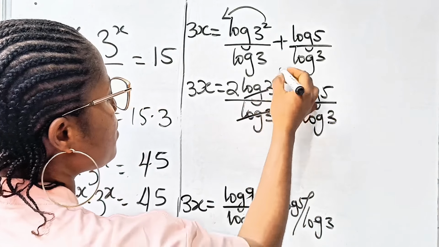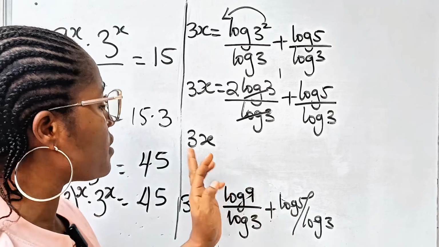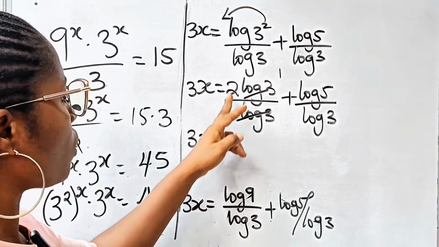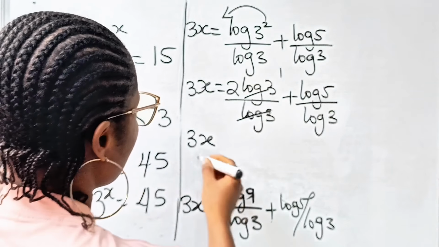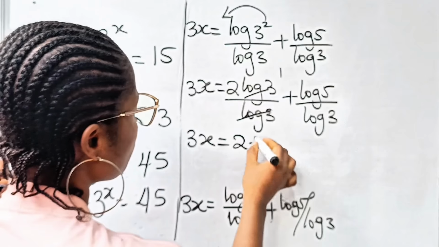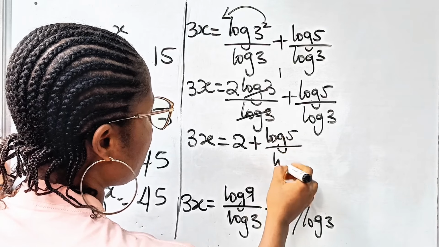Now, log 3 will divide itself to give us 1. So, what we now have is 3x is equal to 2 plus log 5 divided by log 3.